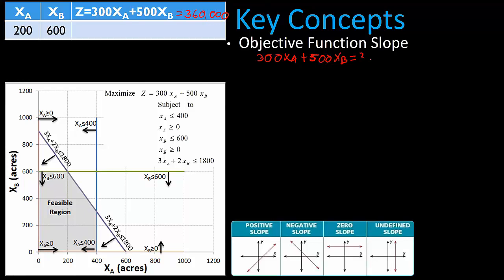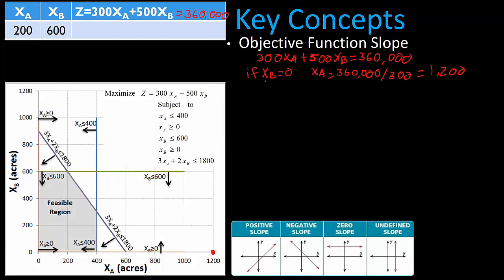Okay, so how do I do that? Well, I know where it crosses the x-axis when XB is equal to 0. In this case, if XB is equal to 0, then XA will be equal to 360,000 divided by 300, and that will be 1200. So that will be right here.